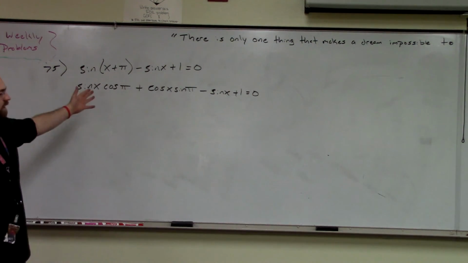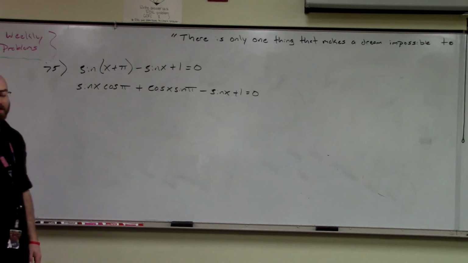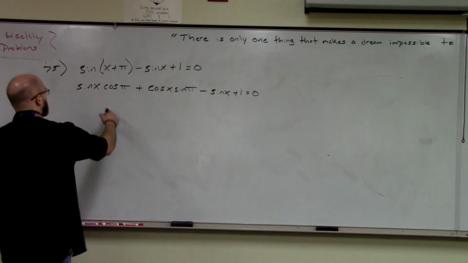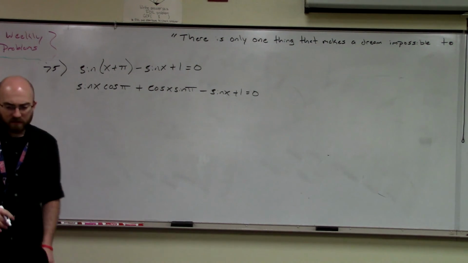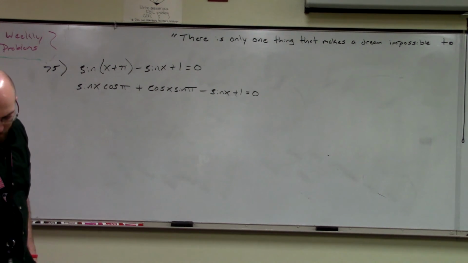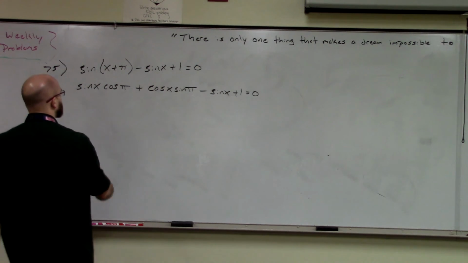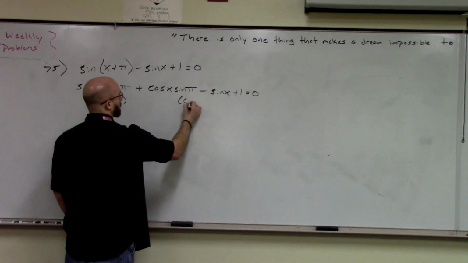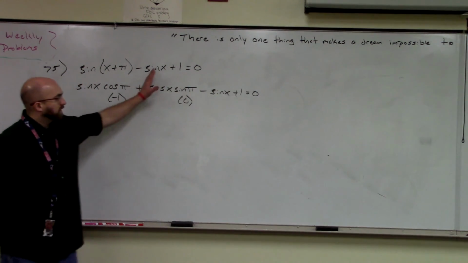Evaluate cosine at pi and sine at pi. Cosine of pi is -1. Sine of pi is 0. So this whole term cancels.